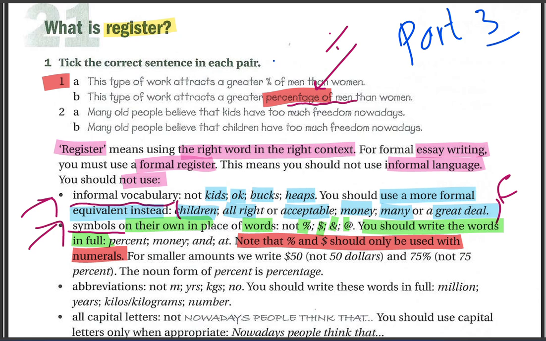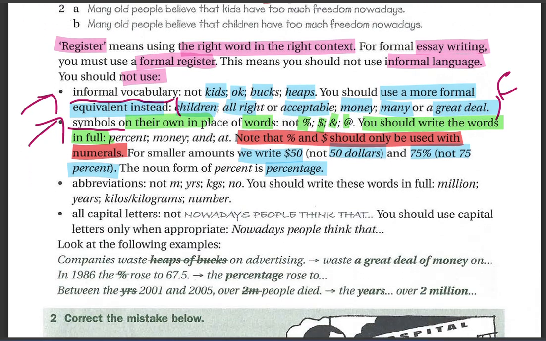Okay, so let's continue to read. For a smaller amount, we write, for example, $50, not 50 dollars, and 75%, not 75 percent. The noun form of percent is percentage. Great.